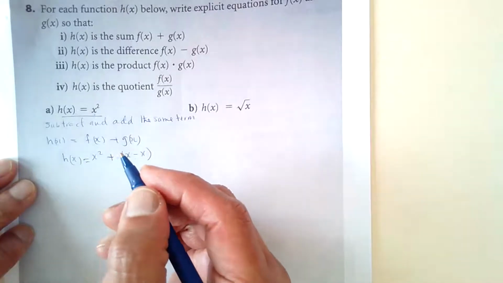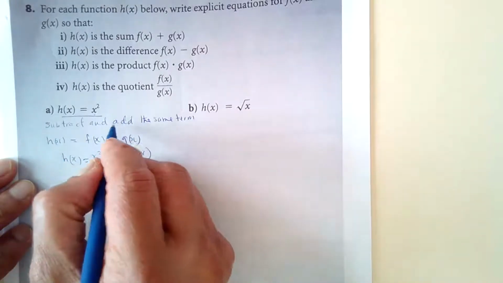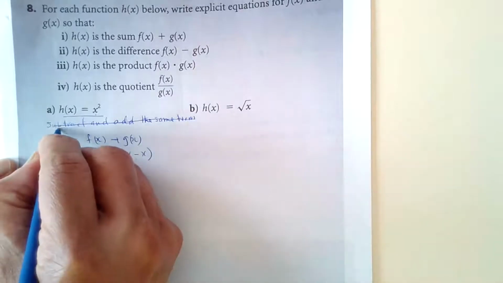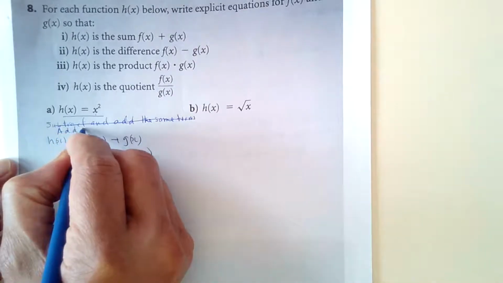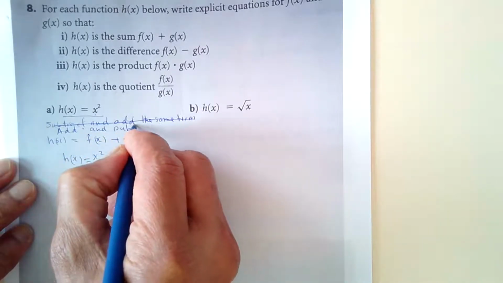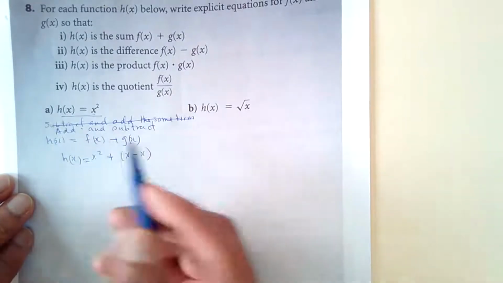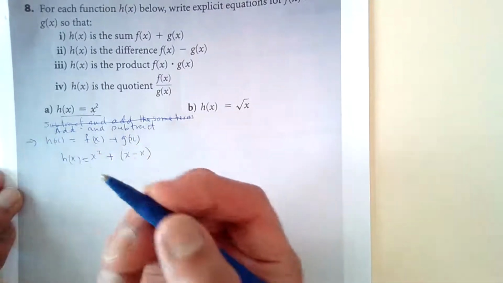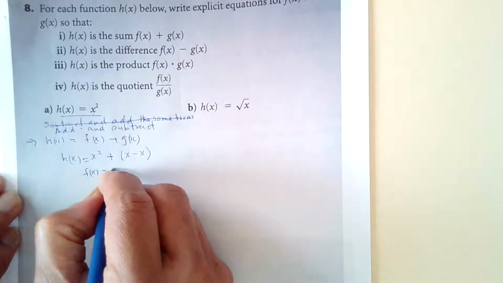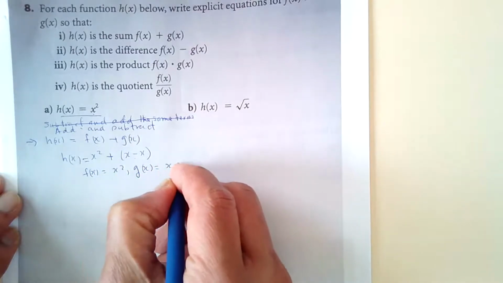So for addition, we add and subtract, because we want f of x plus g of x. So f of x is equal to x squared, and g of x is equal to x minus x.